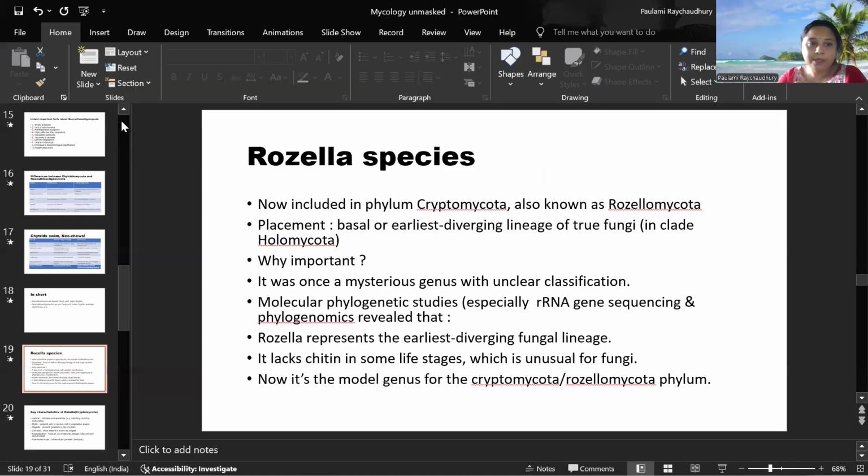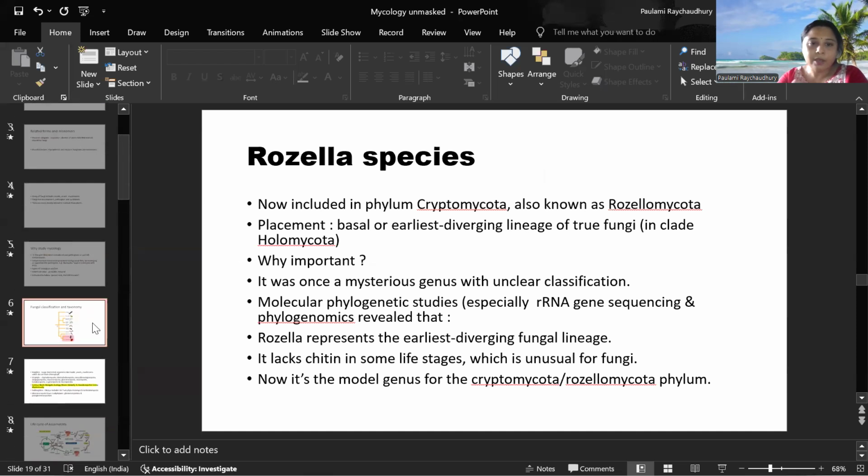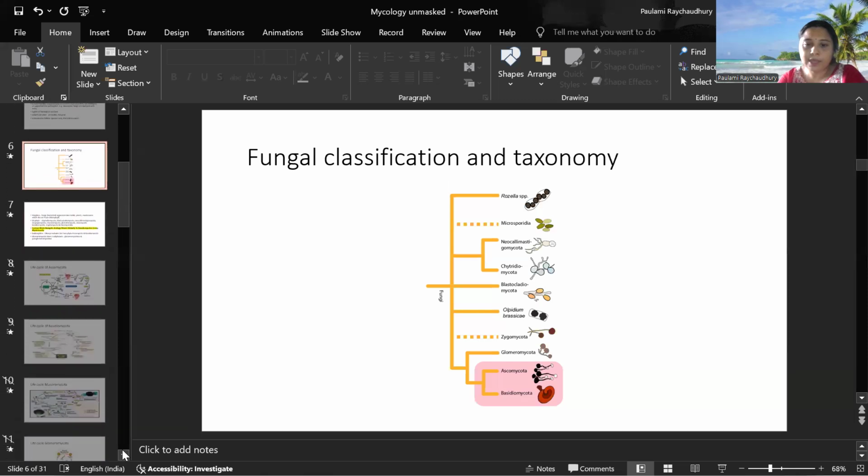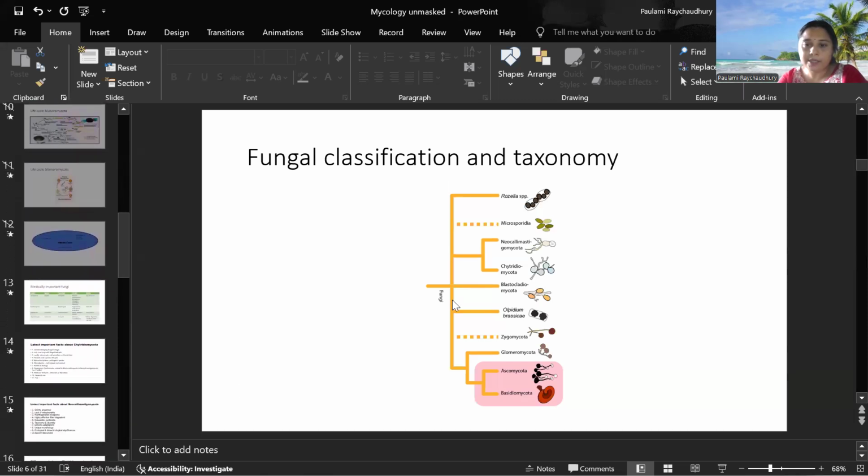In the previous day session, this slide I have shown where Rosella species came very first. So this was the earliest diverging lineage. And Neokalimysticomycota and Chytridomycota were included in some same lineage.